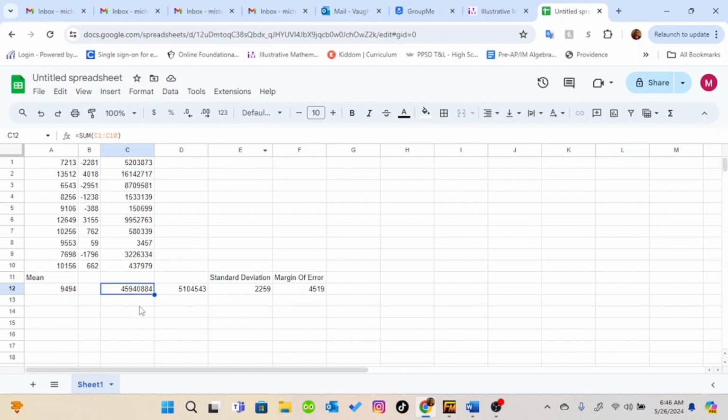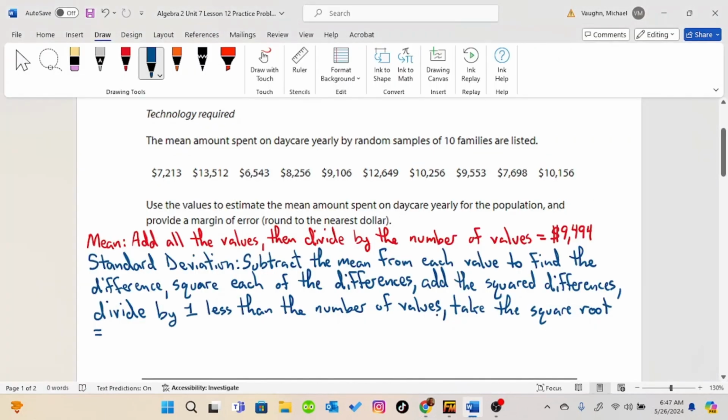Then in this cell right here, I added all of those squared differences together. Then I divided by 9 because we had 10 values, so I wanted to divide by 1 less than the number of values I had. And then for the standard deviation, I took the square root of that. So our standard deviation is 2,259.